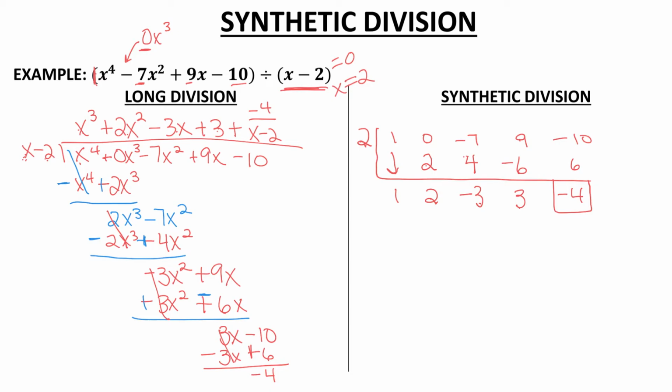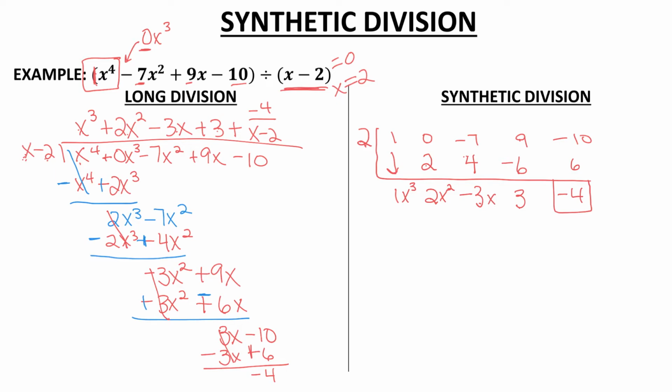So look at how this works. Whatever I started with, so I started with an x to the 4th, you're going to go 1 degree down. So this is going to be an x to the 3rd, and then keep going down. This would be an x squared, this would be an x, and that would be your constant.